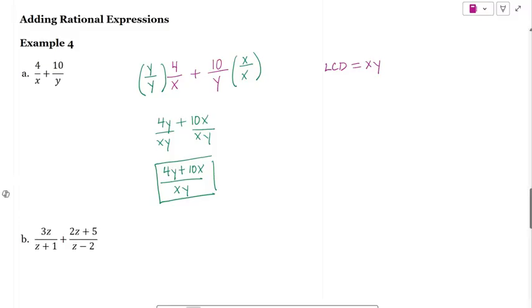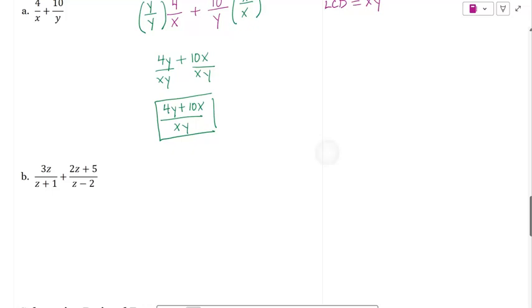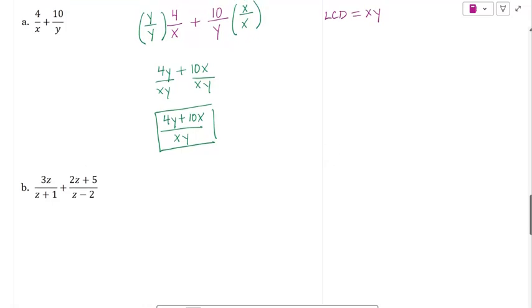Let's look at example B. Example B has binomials in the denominators. So it doesn't look like they have anything in common, and I think that my least common denominator here is going to be z plus 1 times z minus 2.